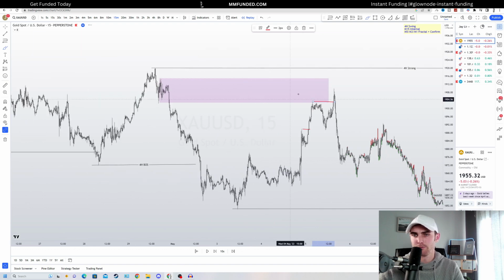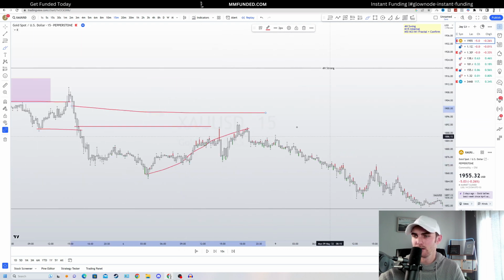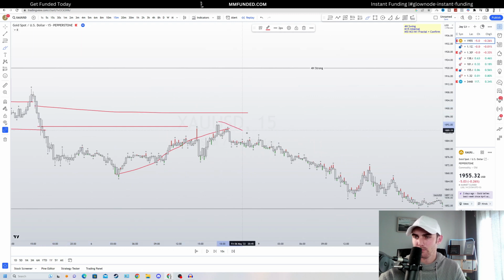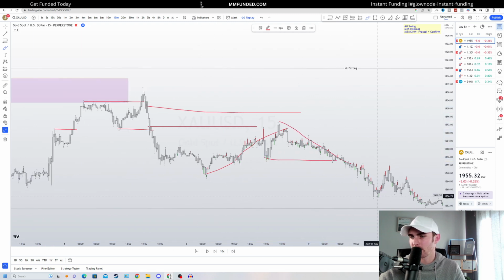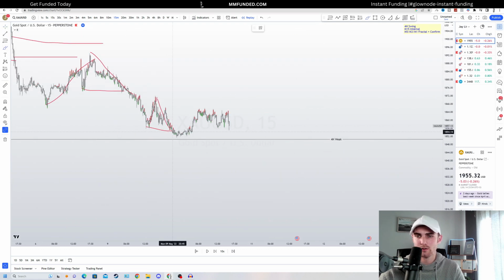Mitigation into 4-hour areas of supply. M15 break of structure to the downside. M15 pullback, mitigating areas of supply. Break of structure to the downside. M15 pullback, break of structure to the downside. And now it's continuing to follow that pullback, mitigating areas of supply, to continue targeting those 4-hour weak lows.